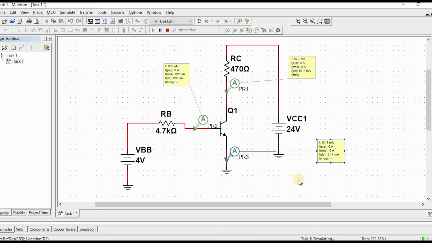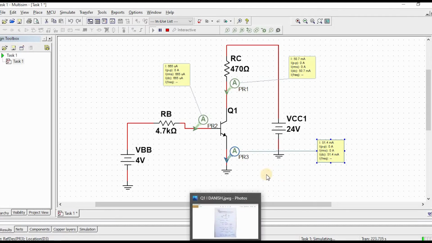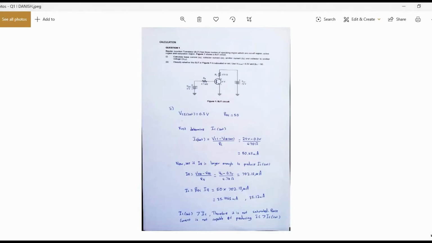As we can see, the IC value that I get from the simulation is 50.7 milliampere, and the IB value is 665 microampere, and the IE value is 51.4 milliampere. So we can compare it to the calculated one.